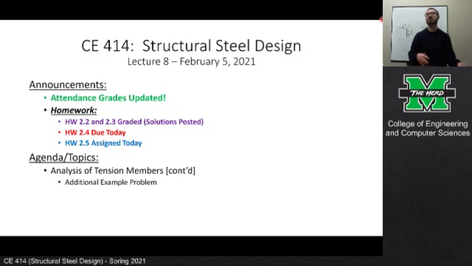Sometimes it's net section fracture, sometimes it's gross section yielding, and it just depends on the connection. If we talk about that homework problem, what if I used bigger bolts? Well, that would mean an increased hole diameter, which would mean a lower net area, right? Or what if I arranged the bolts in a different fashion? That could mean a lower net area such that that limit state governs. So that's why you have to check both.